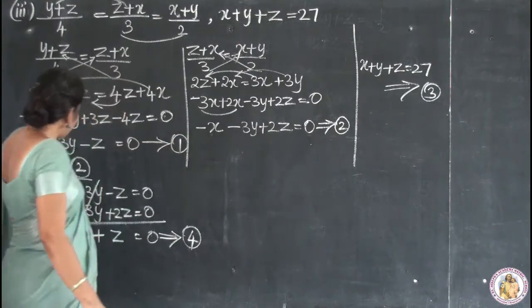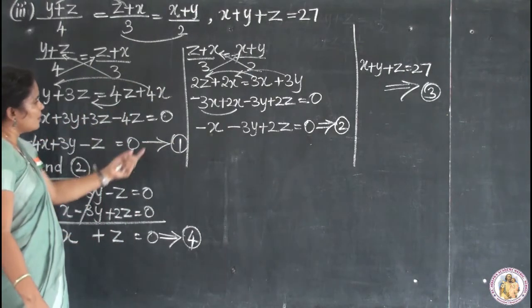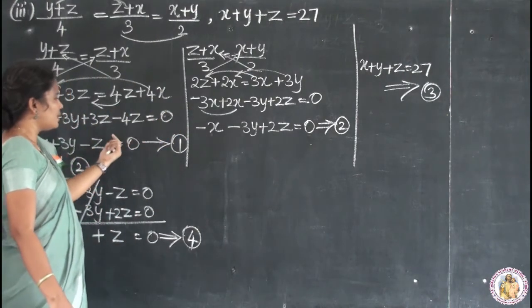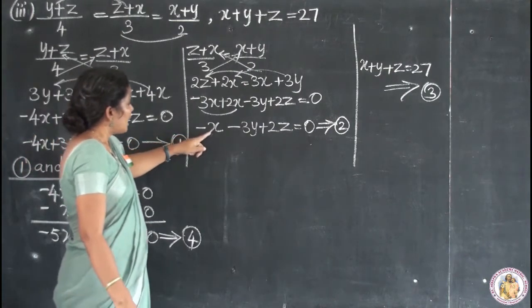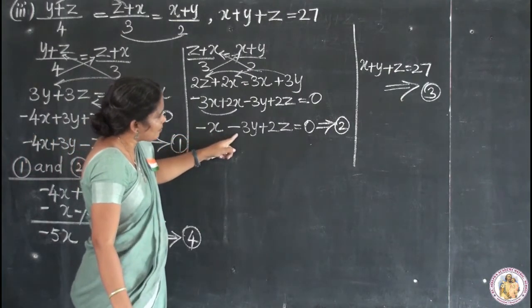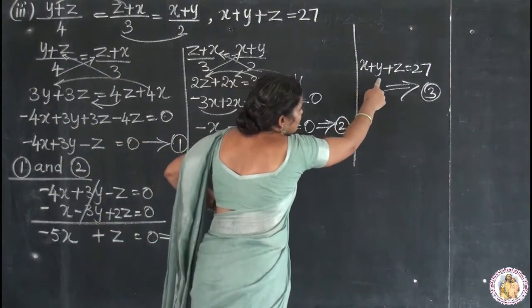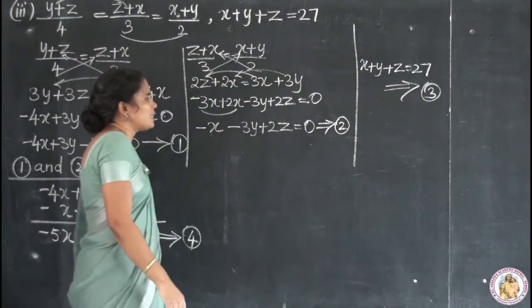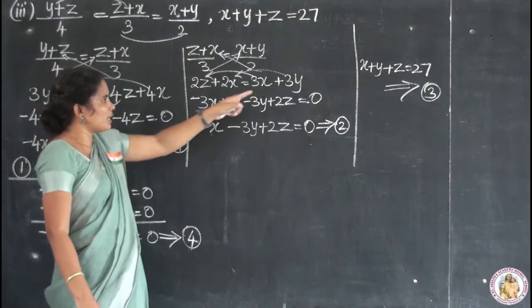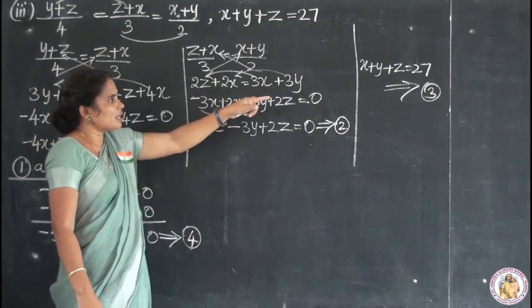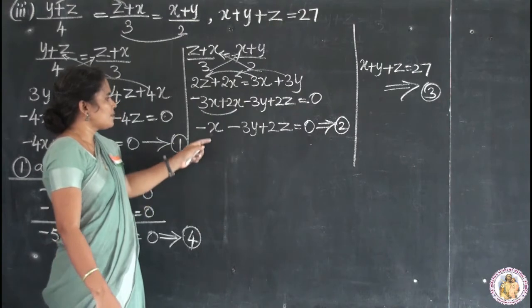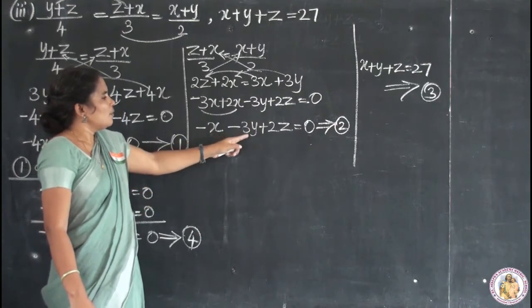Okay, again we can check out whether we can cancel y in second or third with first. Minus x minus 3y plus 2z is equal to 0. Here we have x plus y plus z is equal to 27. To cancel y, we have to multiply third equation into 3 so that we can cancel y.